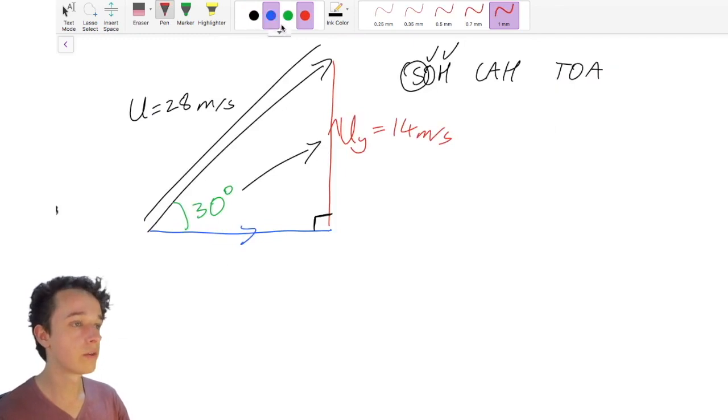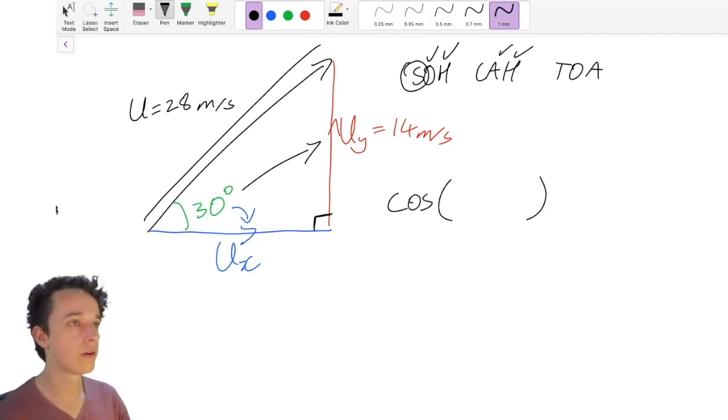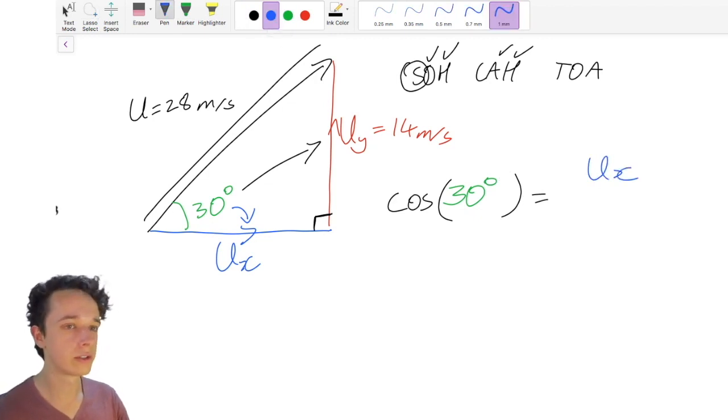We do a similar thing for ux. So ux is adjacent to the 30 degrees, and we still have this hypotenuse of 28 meters per second. And so we know that we use cos when we have an adjacent and a hypotenuse. So cos of 30 is equal to adjacent over hypotenuse, where the adjacent here is ux, and the hypotenuse is still 28 meters per second.